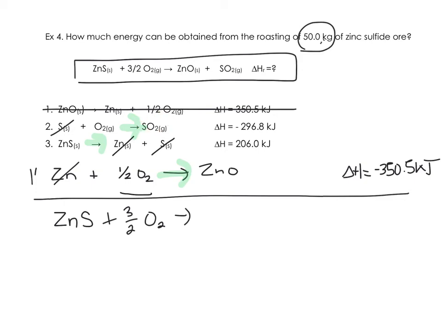It's nowhere else. And so SO2. And we also have zinc oxide. We have zinc oxide here on the right, and it's nowhere else. So zinc oxide. So now we've got our overall equation.